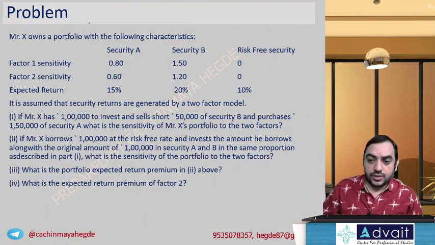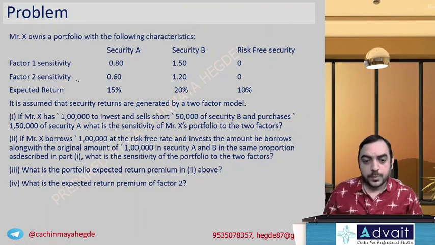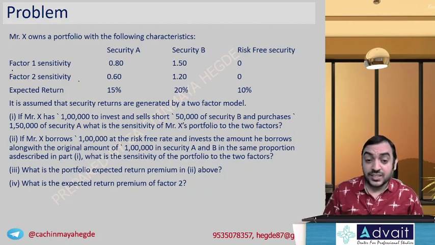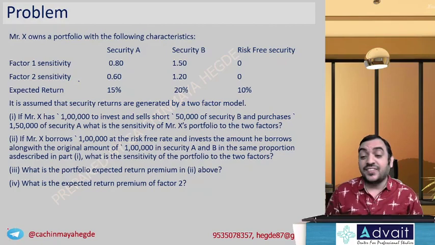Okay, so next one. Mr. X owns a portfolio with the following characteristics: security A, security B, risk-free security, factor 1 sensitivity, factor 2 sensitivity. What do you understand by factor 1 sensitivity, factor 2 sensitivity? Sensitivity is a term we use for which measure?